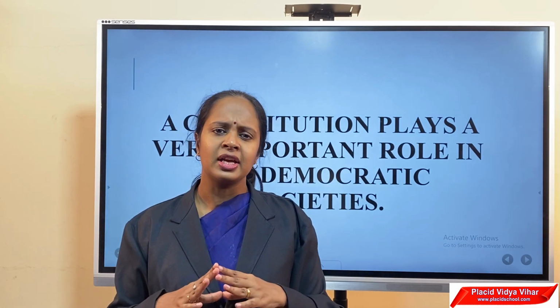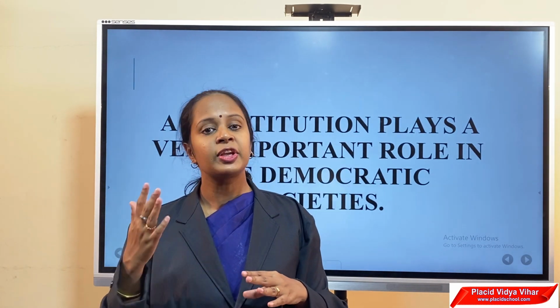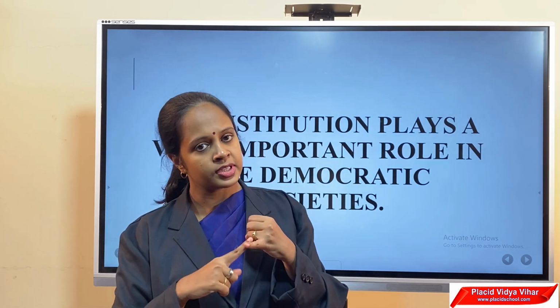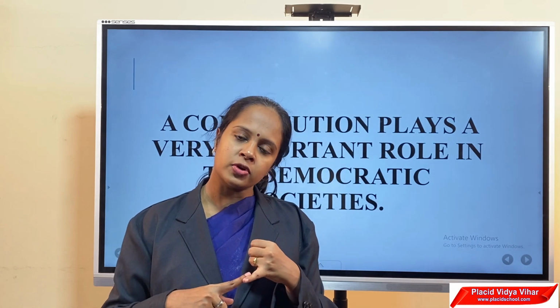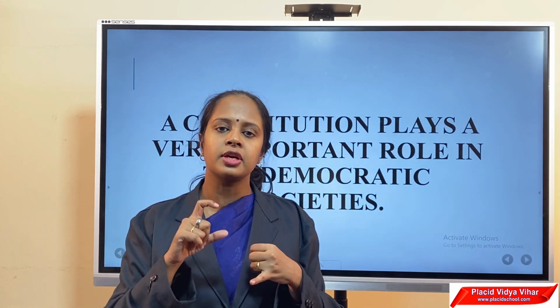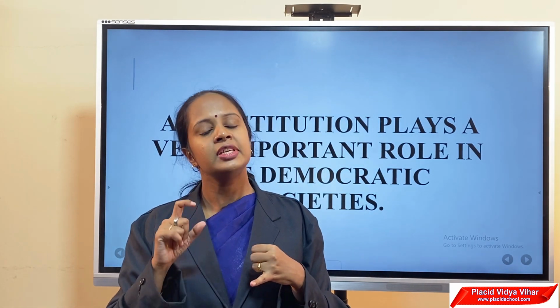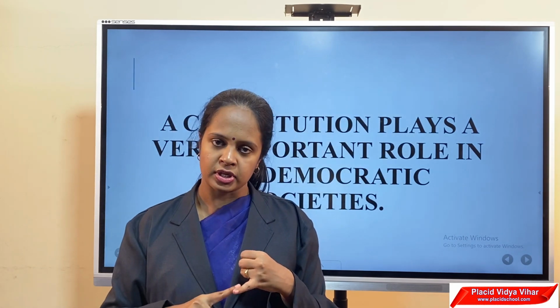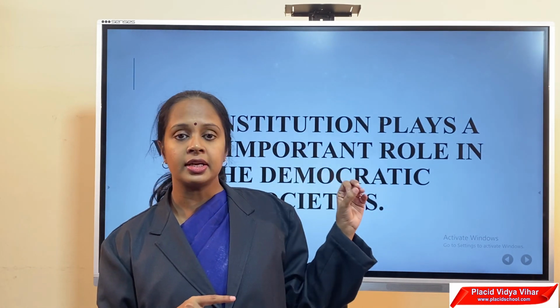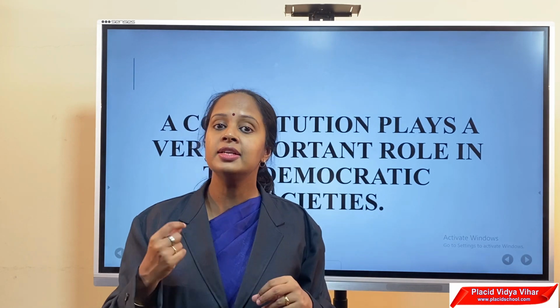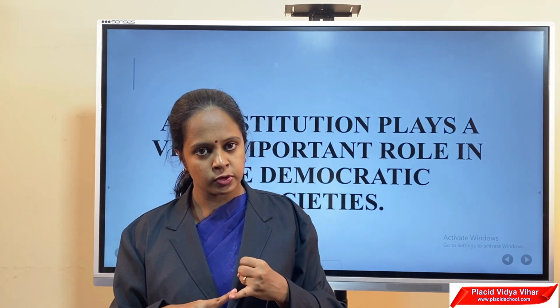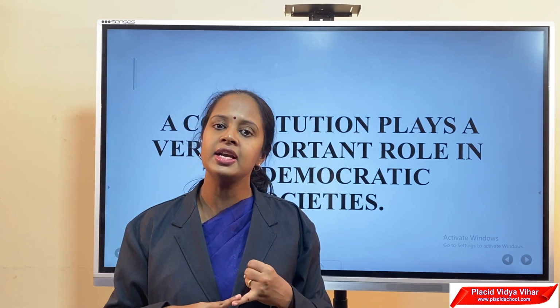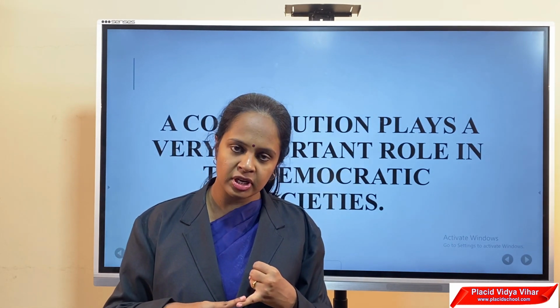That's all for today. Dear students, let's have a quick recap. Today we studied the definition of constitution. What is meant by a constitution? A written set of rules is known as a constitution. After that, we studied why a country needs a constitution. First, it lays out the ideals of a nation where we plan to live.